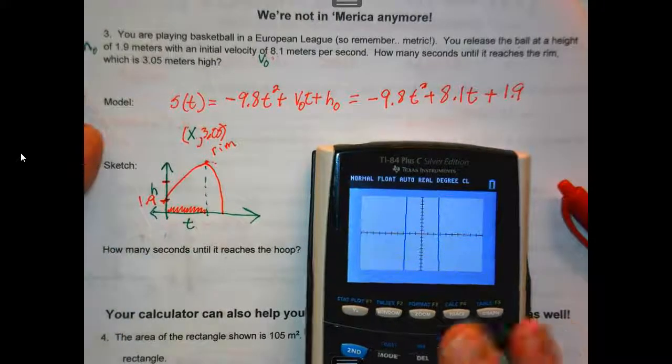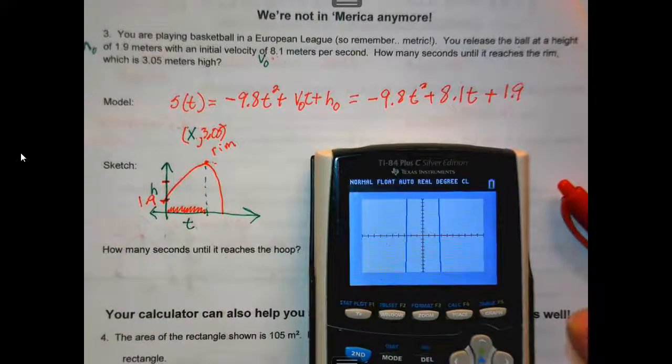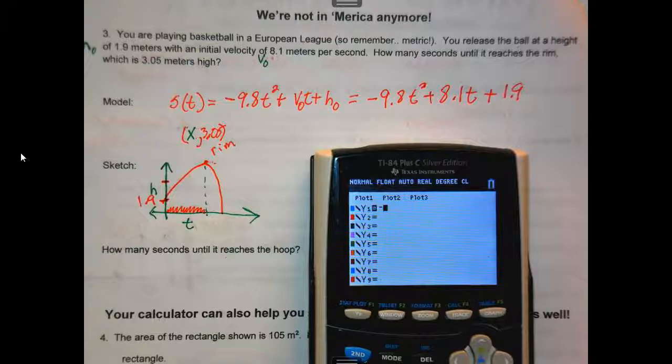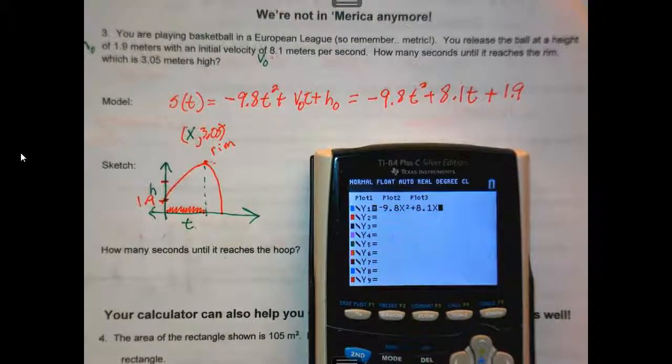Got it? Okay, y equals, clear it out. I'm gonna put my new one in there, negative 9.8 t squared plus 8.1 x plus 1.9. Now let's graph this and see what we get.